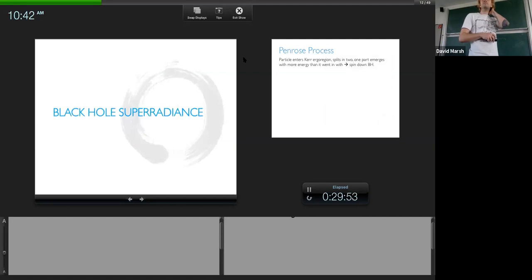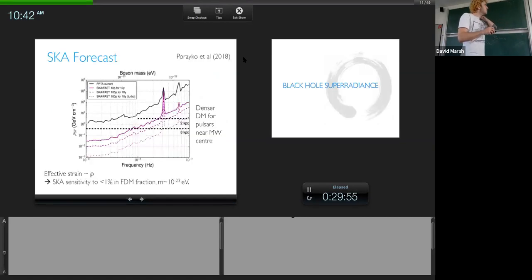Just a short comment. You point out that the effective strain is proportional to density. So you can actually also use that by comparing pulsars at places with very different average density. I remember there was a paper where they did that, comparing the pulsar timing of one of those 2 kiloparsec pulsars with the 8 kiloparsec pulsar, and taking a differential measurement.